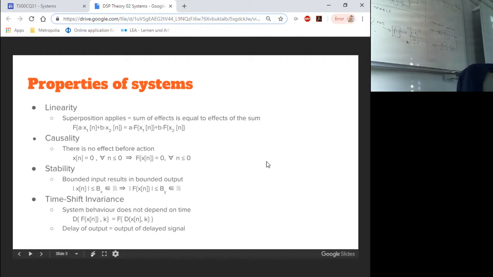Also, this is the same as saying the system does not use time, so it doesn't have an internal clock. This is not a parking meter. Parking meters are not time shift invariant, since at nighttime usually you don't have to pay at all.